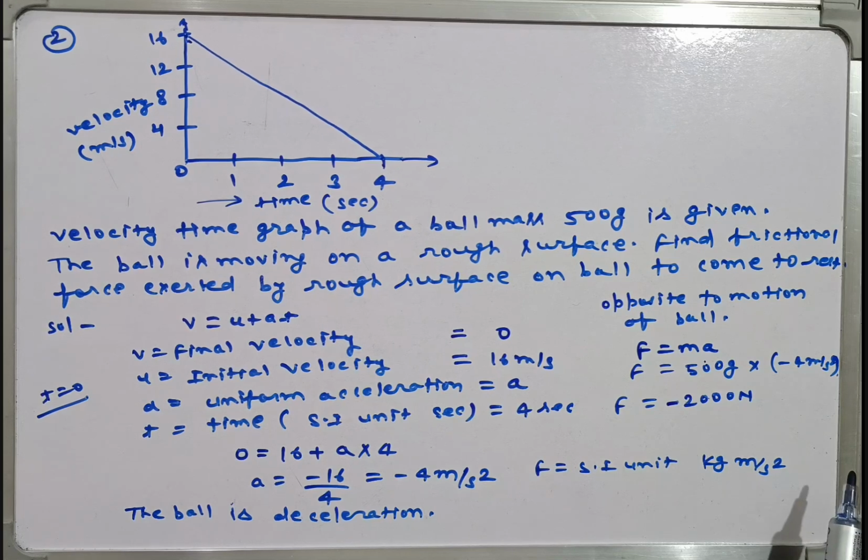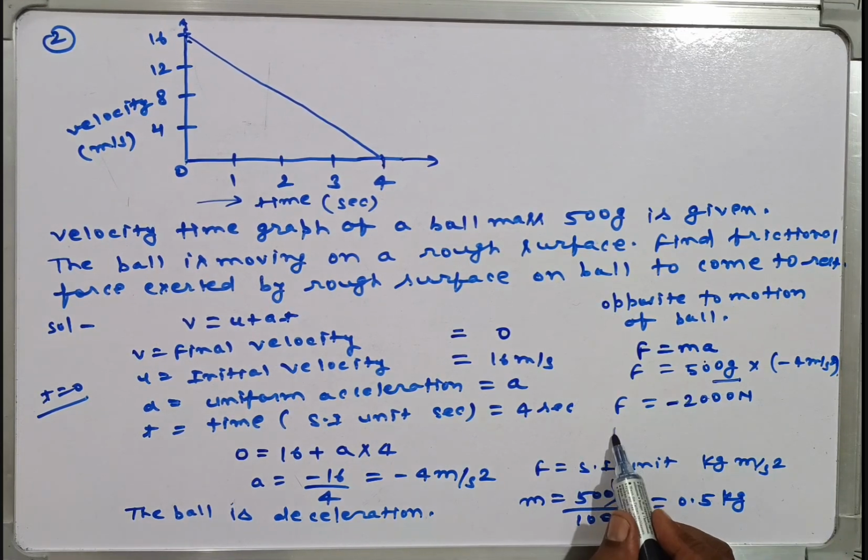However, see, in the question the mass is given in gram. So what you need to do, first of all, is convert the mass of 500 gram into kg. We divide this by 1000, so this becomes kg, so we can write this as 0.5 kg.